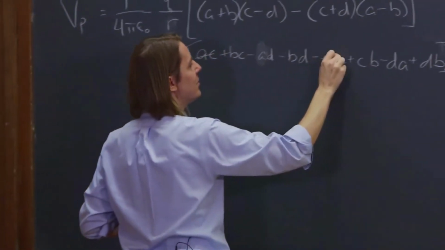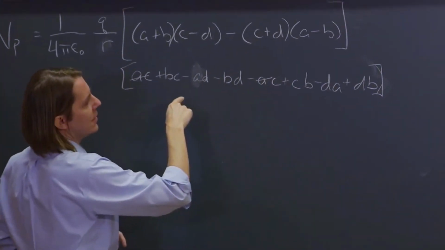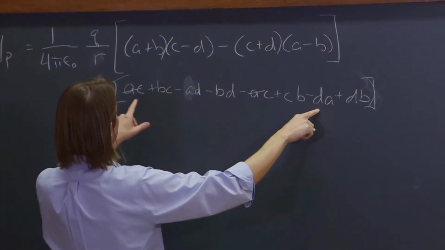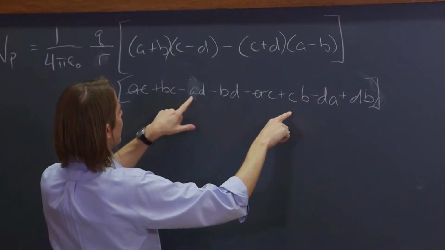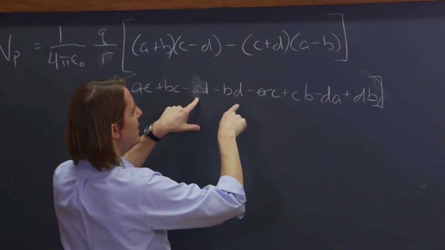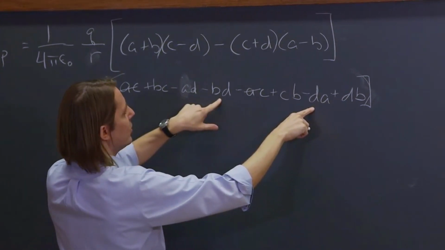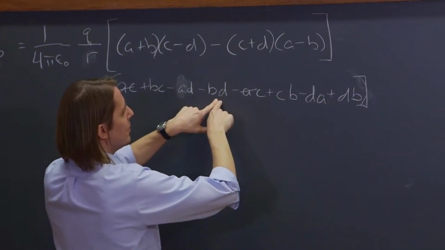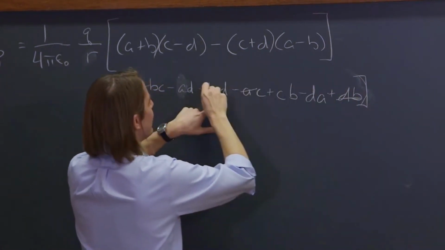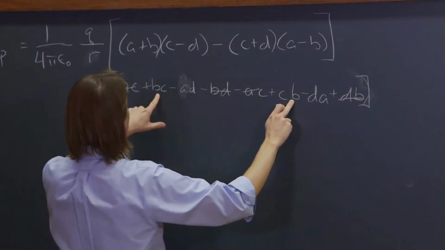Yes, AC cancels AC. BC, oh, that's not going to cancel, minus AD, and there is minus DA, so minus BD and DB. Thank you. I knew something else canceled, right? And then CB and BC, yeah.